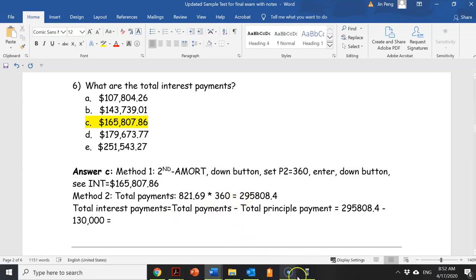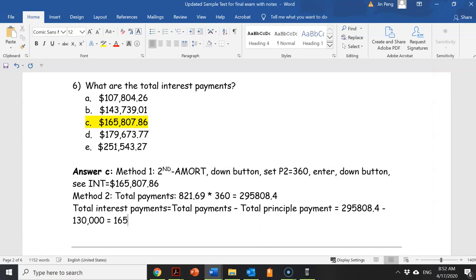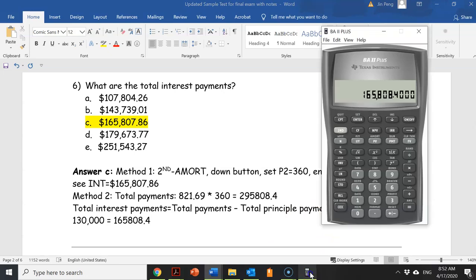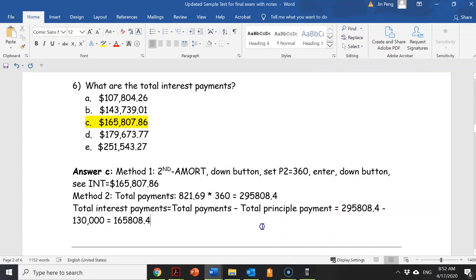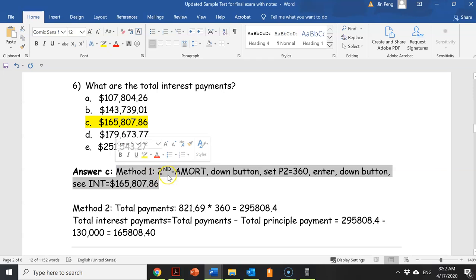Okay, so let me put 165,808.4. So either method works. In order to solve for the total interest payment, you can go to the amortization table.